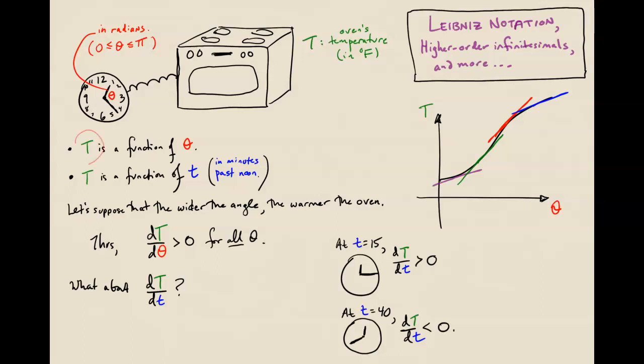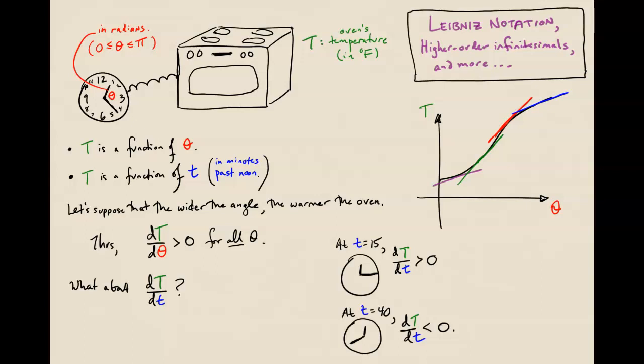Interesting. So we have temperature. We can think of it as a function of theta, or we can think of it as a function of time. When we're thinking of it as a function of theta, that derivative is always positive. When we're thinking about it as a function of time, that derivative is sometimes positive and sometimes negative. It varies depending on the specific time in question.